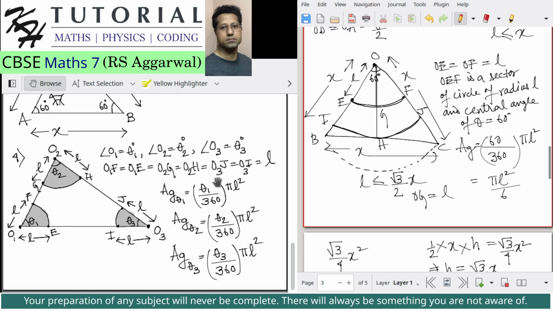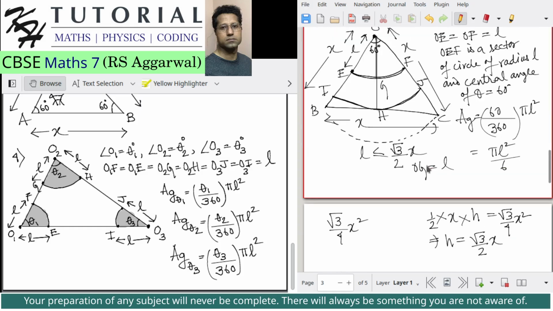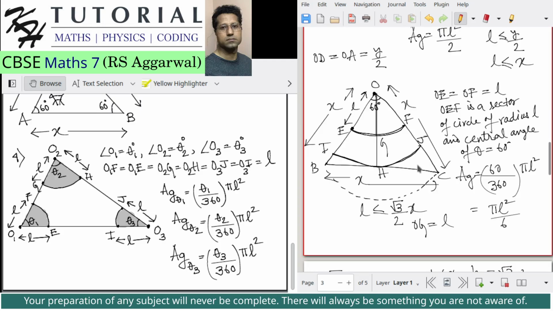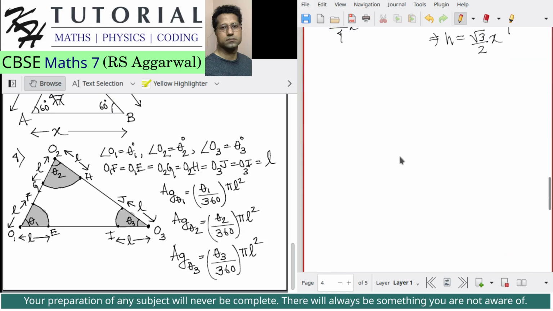Next, let's see. This was the case where the plot was a triangular plot, and the triangle was an equilateral triangle. Now, what if the triangular plot is not an equilateral triangle, it is some scalene triangle, that is all the angles are different. So in the note on the left hand side, you can see we have, let's say, a triangular plot.